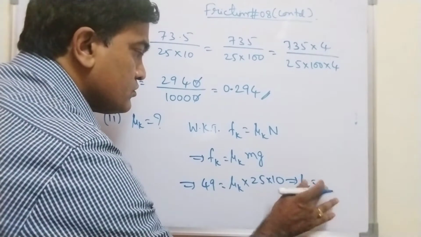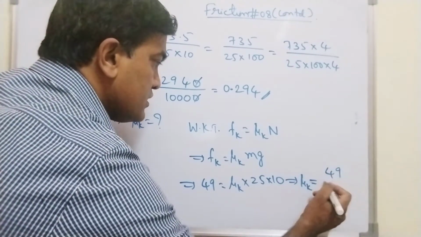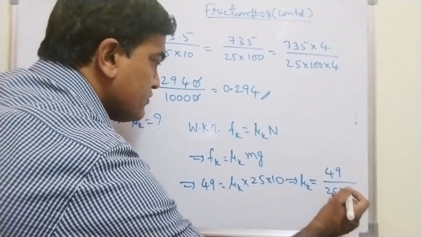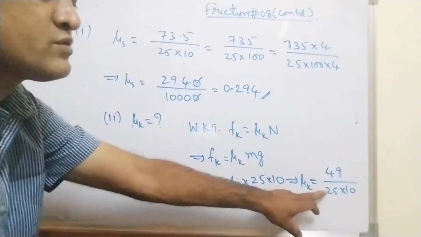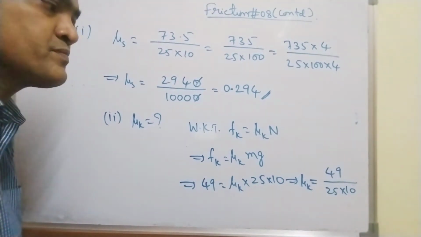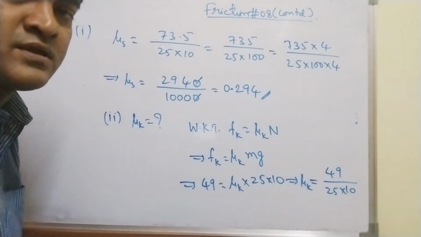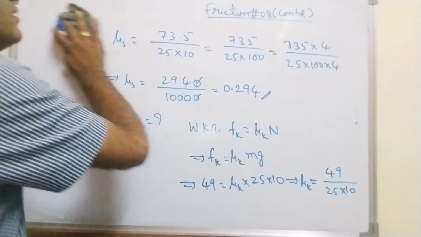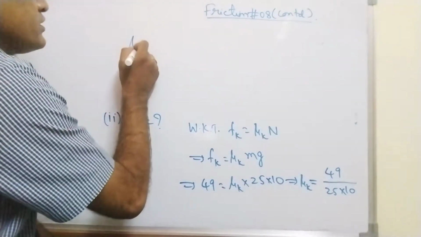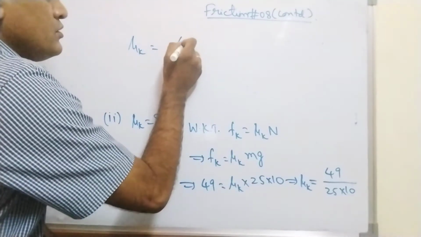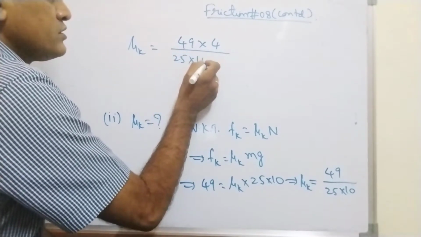μk is equal to 49 divided by 25 into 10. In such cases, whenever 25 is there, multiply and divide by 4 so that the calculation becomes simpler. So I will write μk is equal to 49 into 4 divided by 25 into 10 into 4.